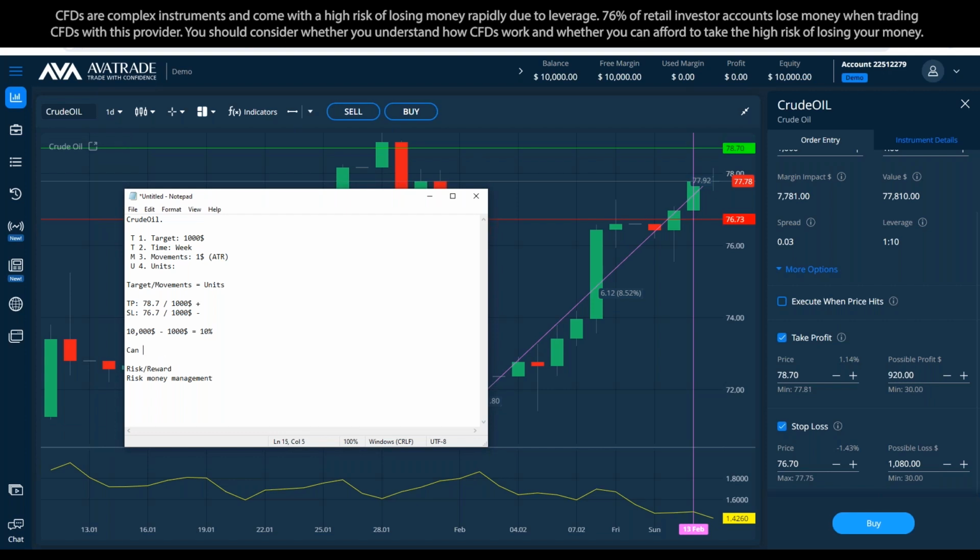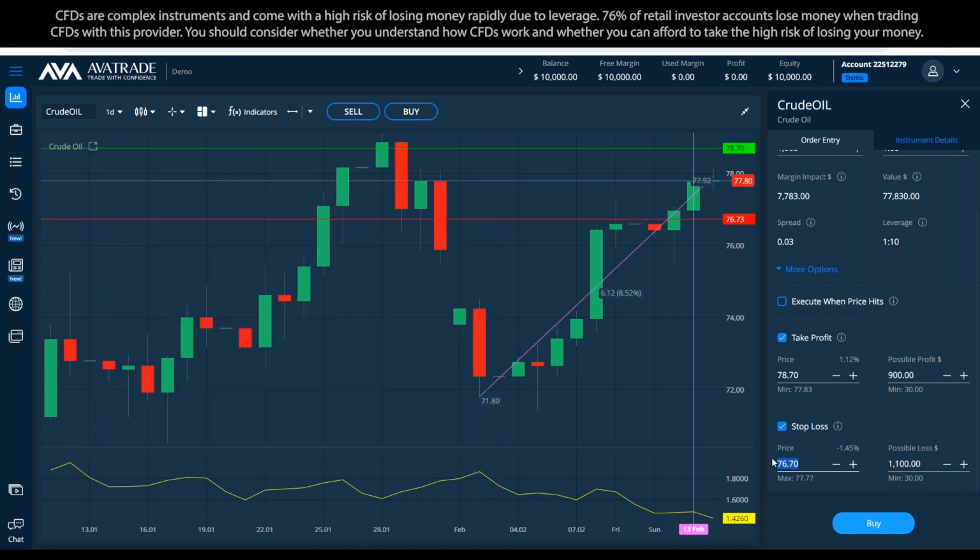So how can I adjust 10% to 5%? All I have to do, to be honest, is minimize this by $0.50. And then I'm good. So I just move my stop loss a little higher and it does the job.